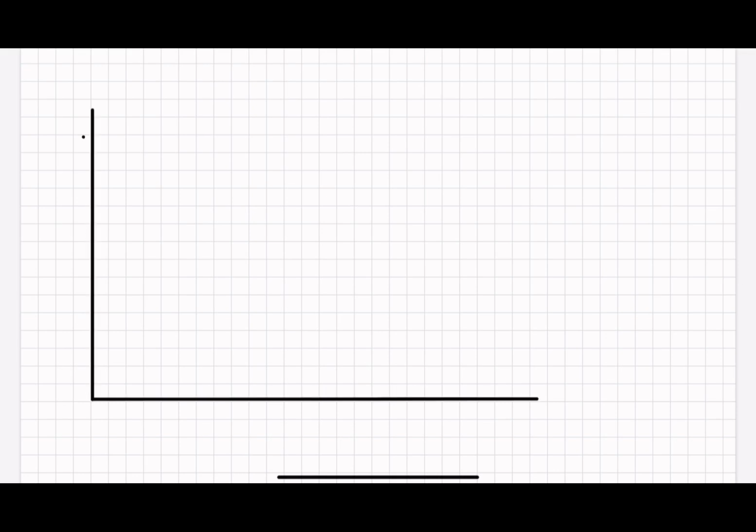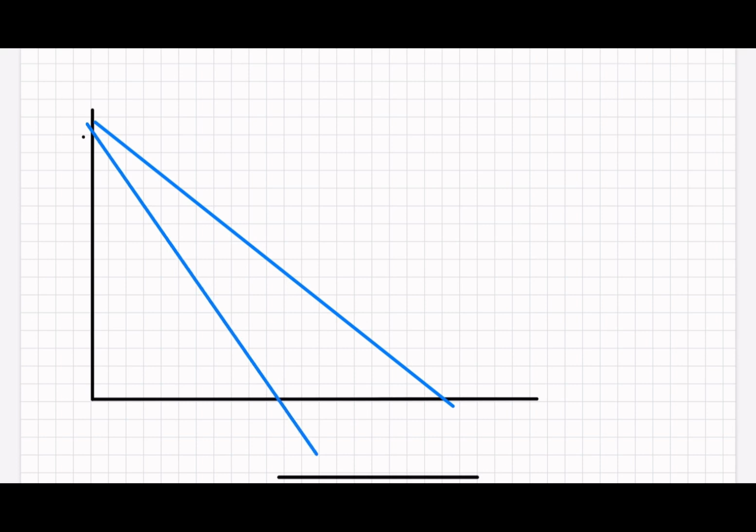When that happens, we come back over here to our original graphs. Here's our demand and here's our marginal revenue. As there's entry into the market, it's going to take away from the demand. So if this is our demand, as there's entry, the demand curve is going to shift down.